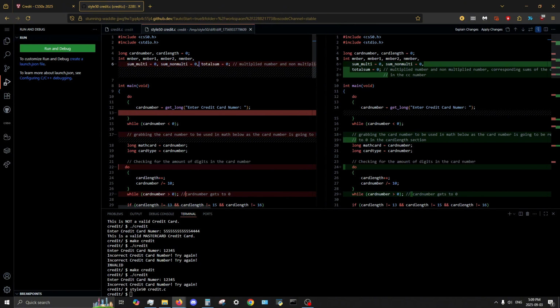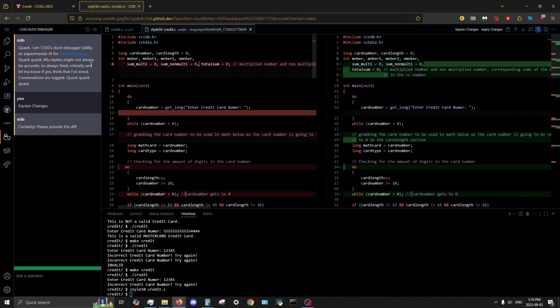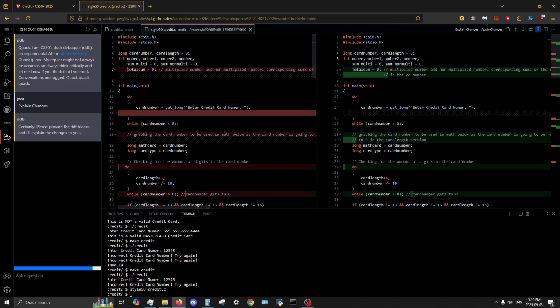Okay. Explain changes. I guess styling is just preferential things, right?